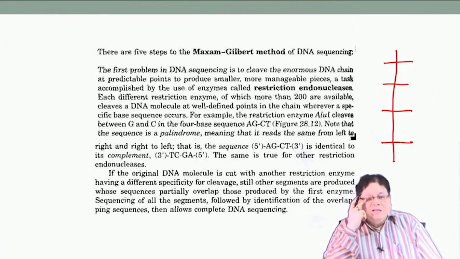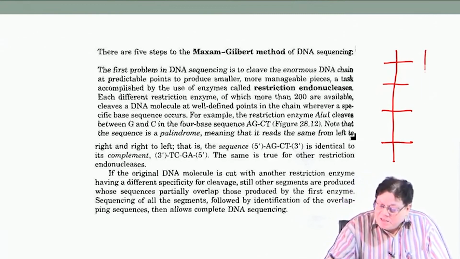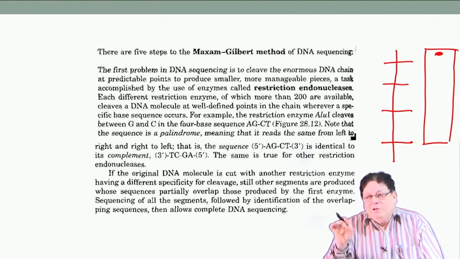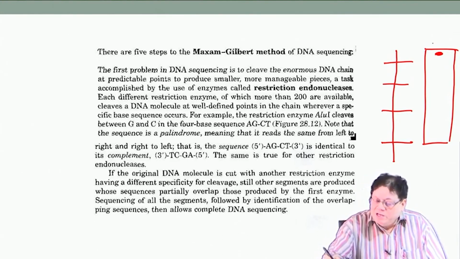So basically the principle is like this: the DNA is broken into pieces at precise points, and then these pieces are put in an electrophoresis gel. You know what electrophoresis is. You put the material, and if you apply voltage, depending on the charge it moves.